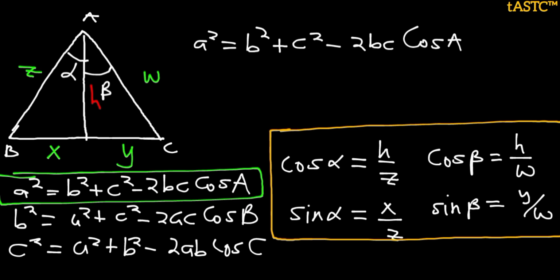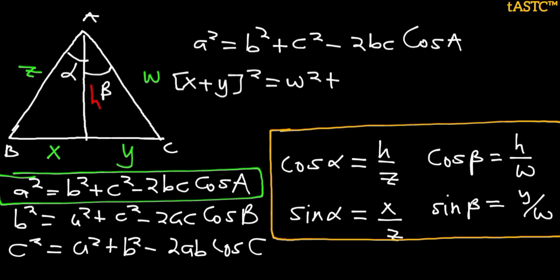Now we already know what a is. A is this stuff, x plus y. But we got a squared, so that should be x plus y all squared. Now for the side b, we know that is this side, so that should be w squared.